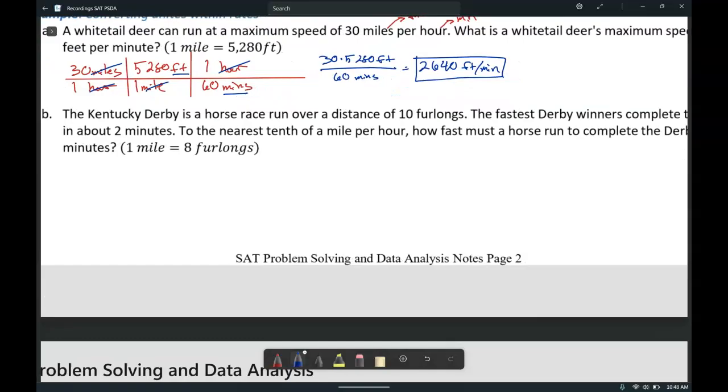The Kentucky Derby is a horse race over a distance of 10 furlongs. The fastest Derby winners complete the race in about 2 minutes. To the nearest tenth of a mile per hour, how fast must a horse run to complete the Derby in 2 minutes, given that 1 mile equals 8 furlongs?